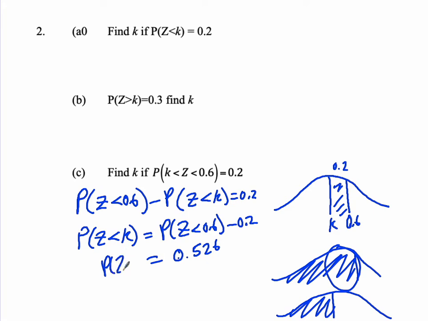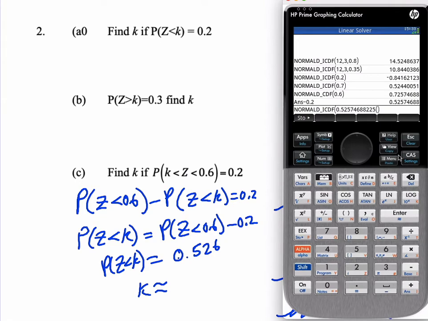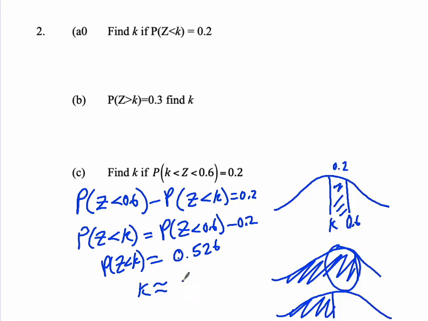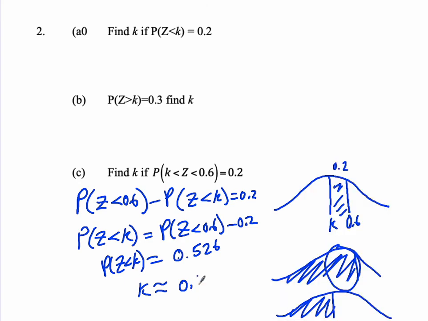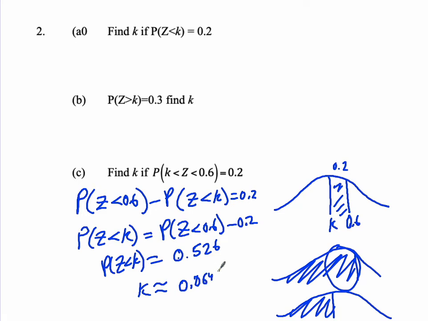So probability z less than k is that, and now we just do inverse normal to get the k value. I will delete that and copy this answer here, close my bracket. Okay, there we go. So it's 0.0646.